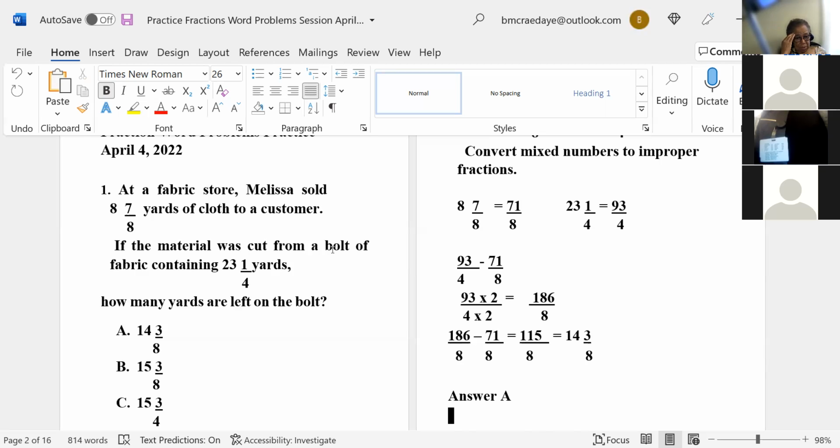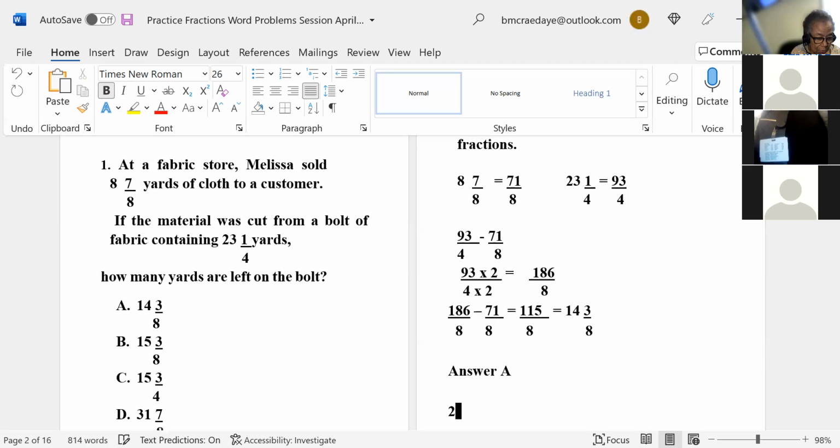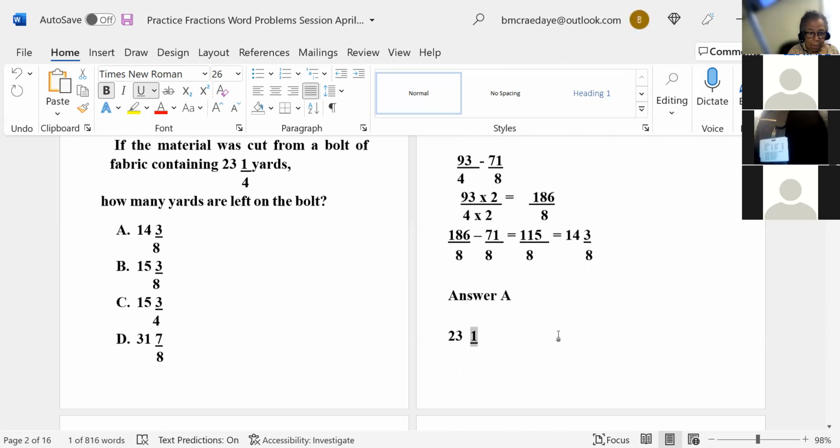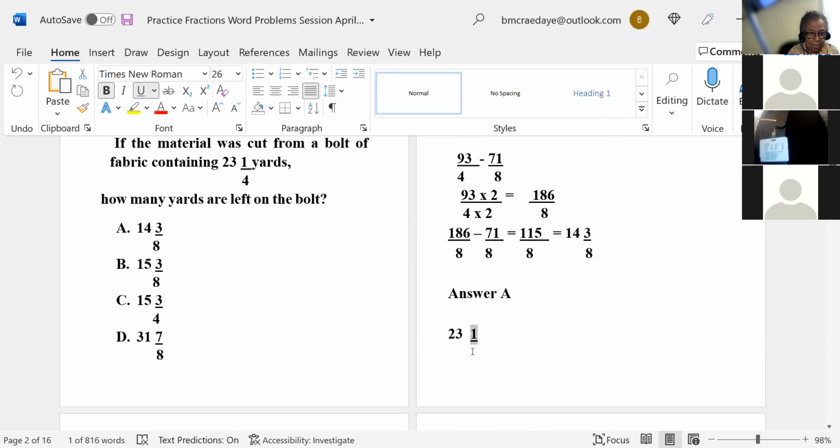You understood what I'm saying, Mercedes? Yes, I think this way is easier. You think it's easier? Okay. All right. Now here's what I was saying the other way. You take the 23 and 1/4. But I normally don't do it that way because I think students find it easier just to make it an improper fraction.